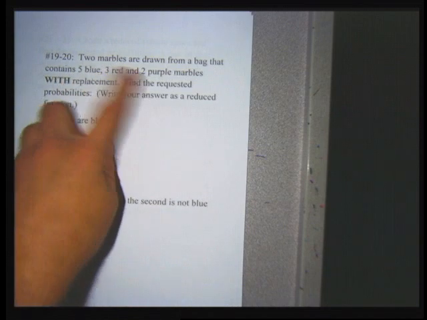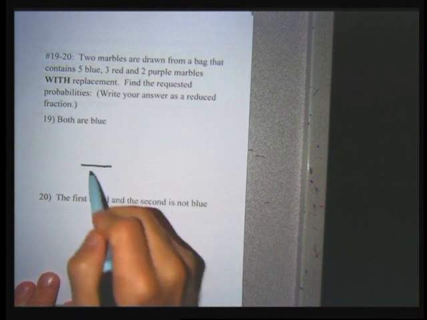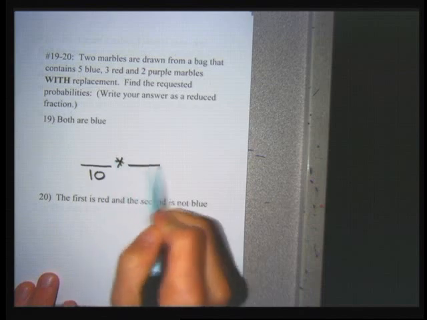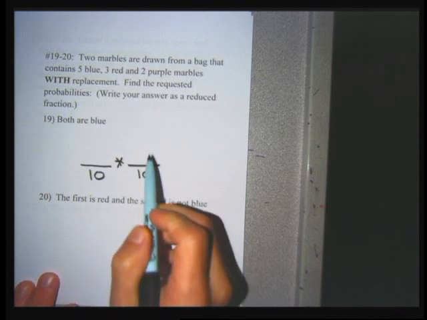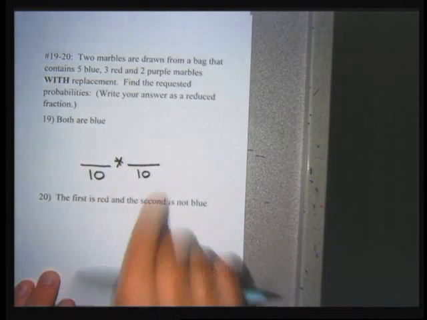So this is a with replacement problem, so my denominator is going to be the same each time. So 2 marbles are drawn, kind of one at a time. We have 5, 3, 2, 10 marbles in the bag. So when I'm taking 2 marbles out of a bag, I'm going to form 2 fractions, 1 for each marble. And if it was without replacement, the denominators would go 10, then 9.